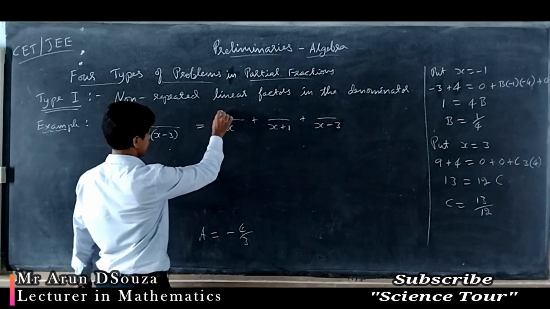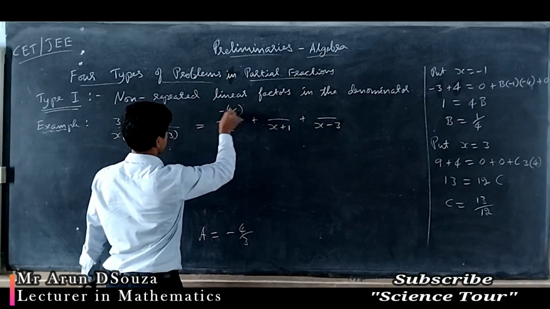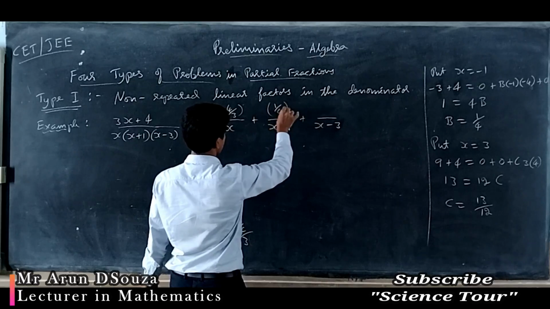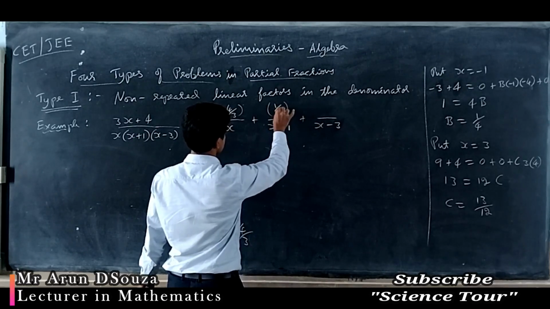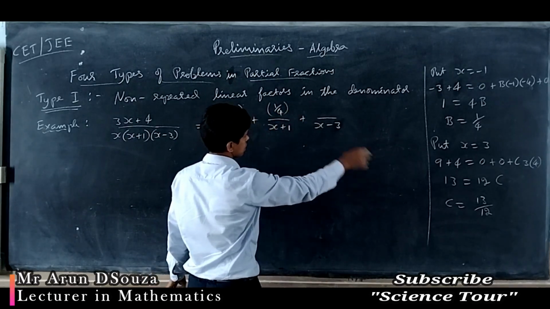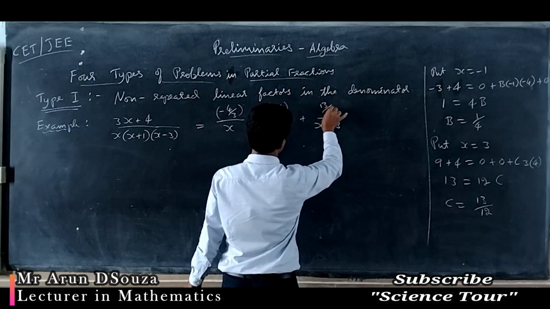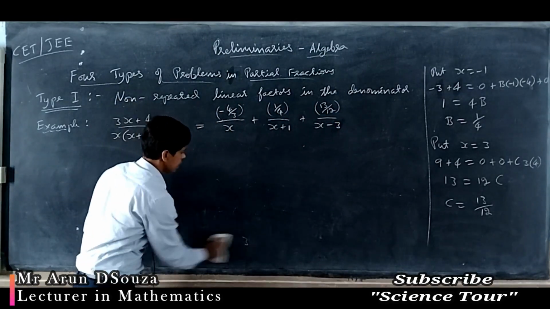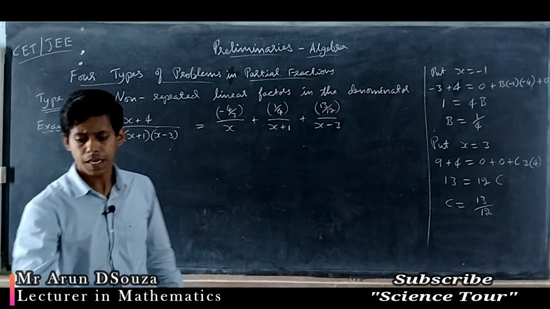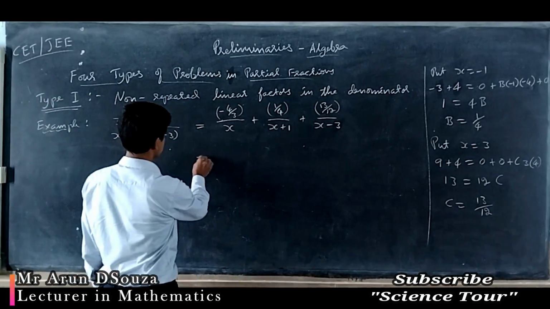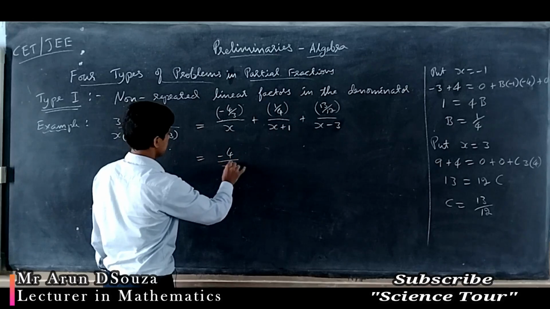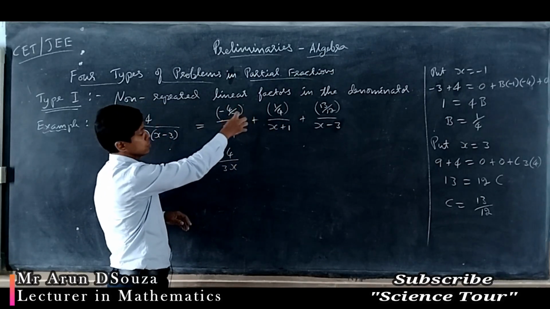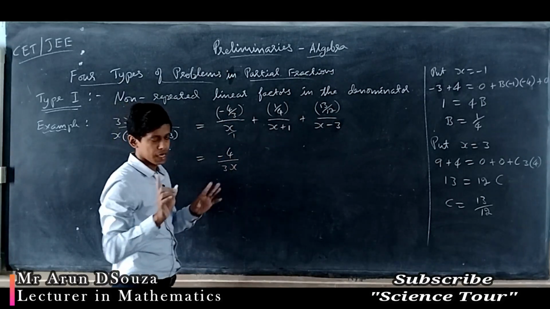Okay, so this is minus 4 by 3, and then b is 1 by 4, and then c is 13 by 12. Okay, so let me write it decently. So how can I write? So we can write it as minus 4 by 3x. This is x by 1. When it goes up, 1 by x should be multiplied. So x will come here, right?